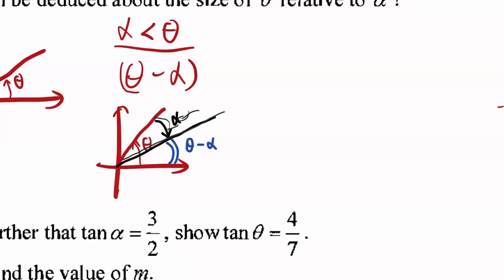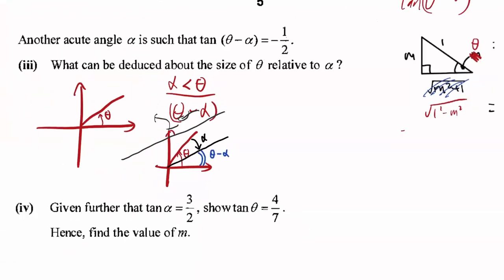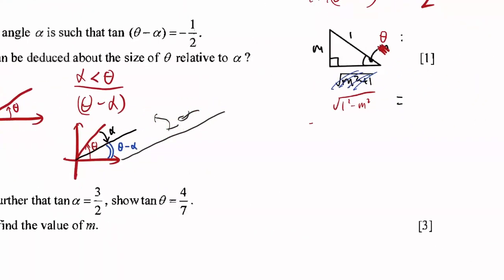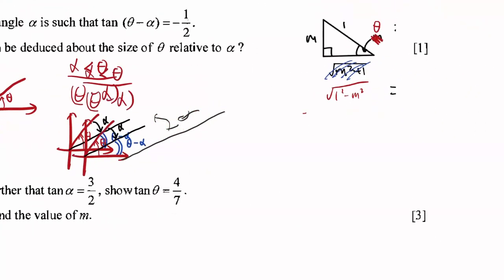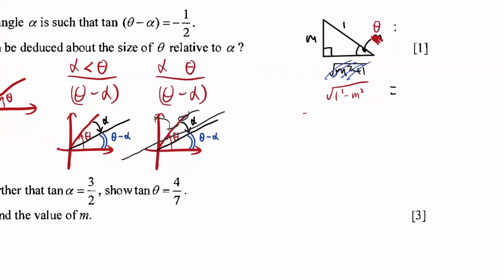Okay, good. So let's consider another case. If alpha is equal to theta, well, then in that case, it's just 0. Wait, can I remove your diagram? Well, if it's equal, you get y equals 0.